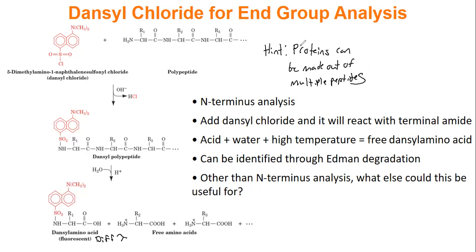Alter N groups to stick them to each other. That's a good idea. Unfortunately, this method won't do that because at the very end here, right, we chop all the amino acids up.